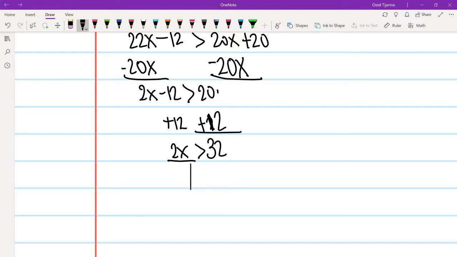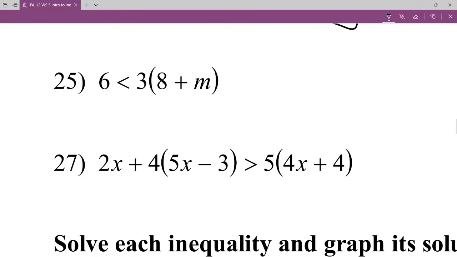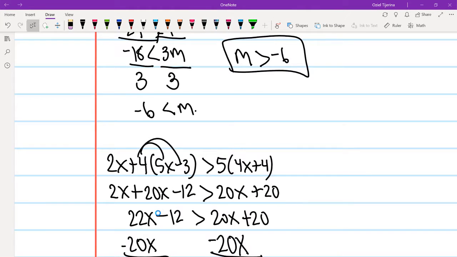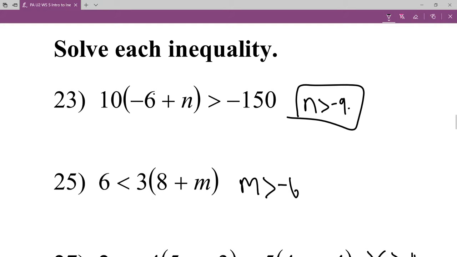Then you divide and say x is greater than 16. So this one would be x is greater than 16. And I didn't put the other one: m is greater than negative 6.